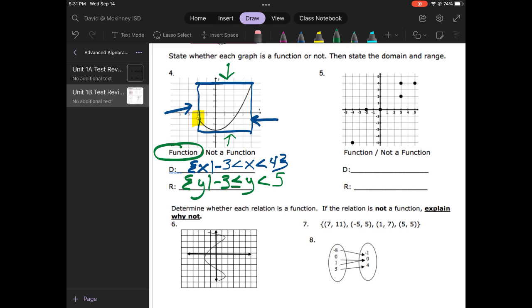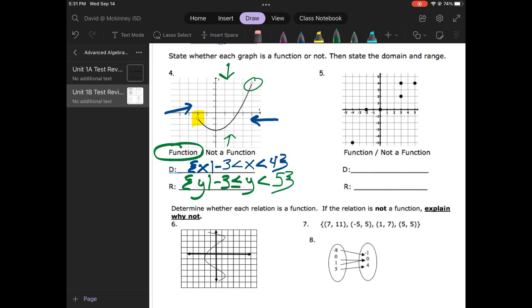But that is an open circle, and the open circle is the highest point, so that is not going to have an equal to line underneath. And so that will be my range: -3 is less than or equal to y, which is less than, but not less than or equal to, 5. And that's my range for problem number 4.